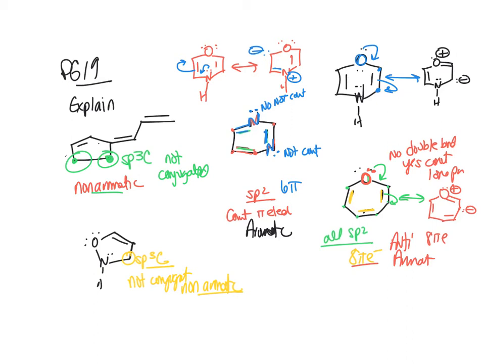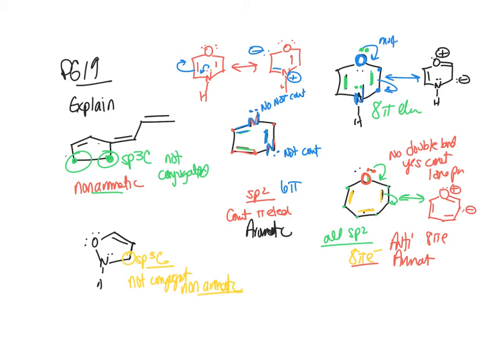You're going to have to count your pi electrons. You would count 1, 2, 3, 4, then you have to count one lone pair: 1, 2, 3, 4, 5, and 1, 2, 3, 4, 5, 6, 7, 8. So there's 8 pi electrons. One of the ways you can do this is to look at the structure: does this oxygen have a double bond to it? No, so you must count.